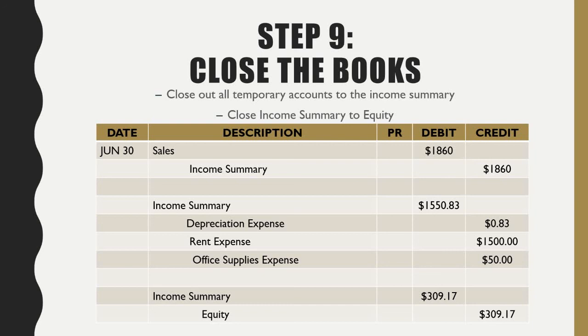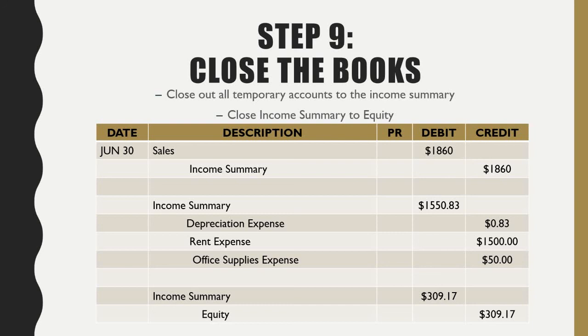Once again, we're going to zero out all of our sales into our income summary. If we understand this, what normally increases our sales? On which side does a sale increase? It's going to be the credits.